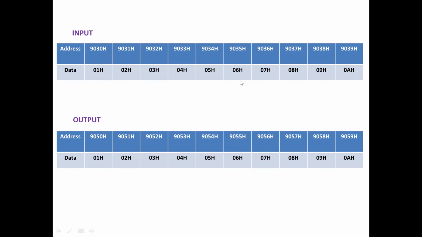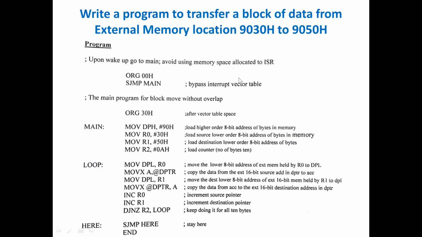Coming to the algorithm, already I told you. If you see any external memory location, then what should strike your mind is MOVX, right? Previously we discussed data transfer instructions: MOVC, MOVX and normal move. The normal MOV transfers data between register to register, and between RAM to register, everything.